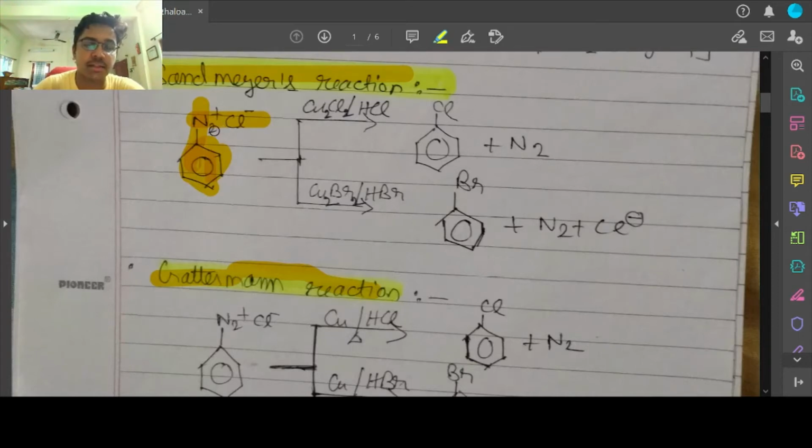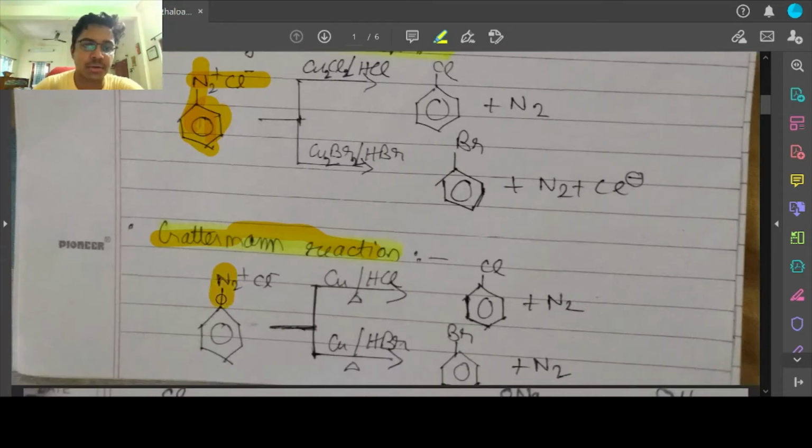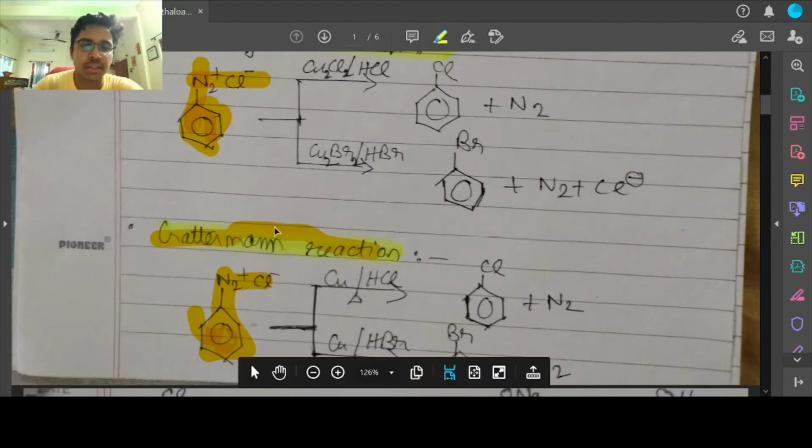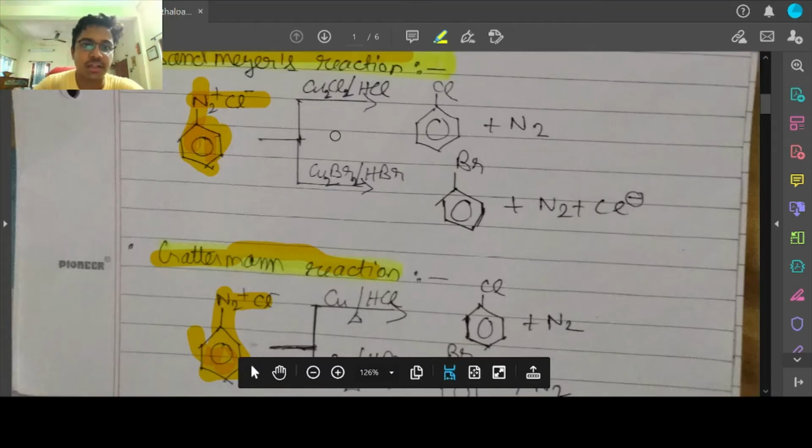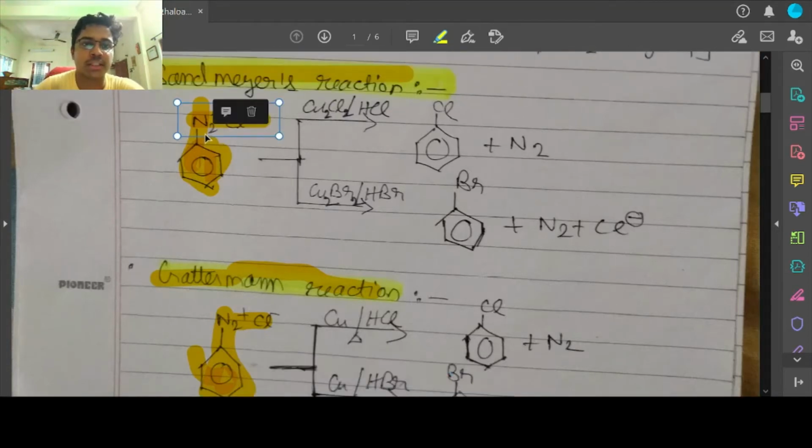This is benzene diazonium chloride. I hope you know what this is, because it's a one shot video, and I hope you have learned it in your class. So it is benzene diazonium chloride.